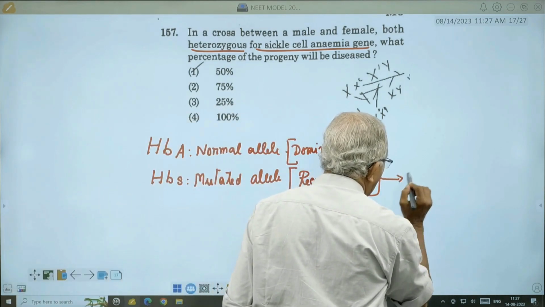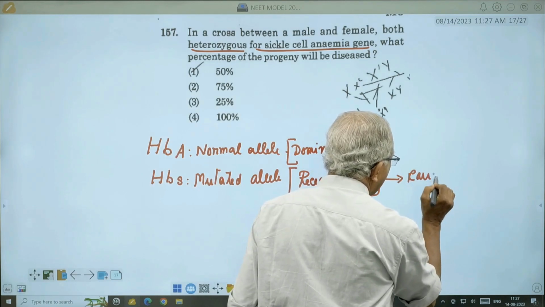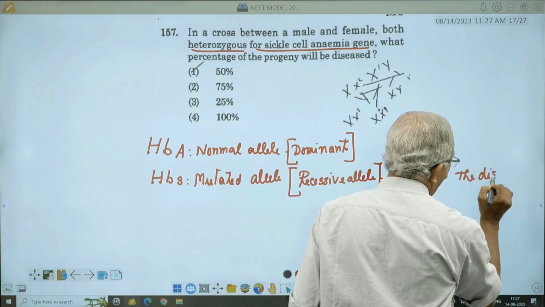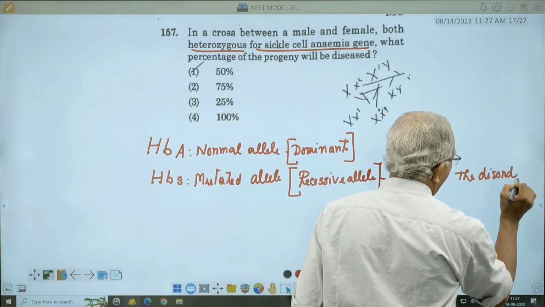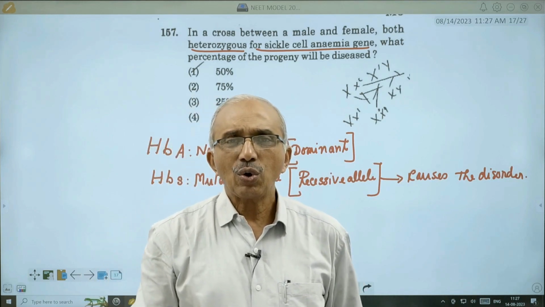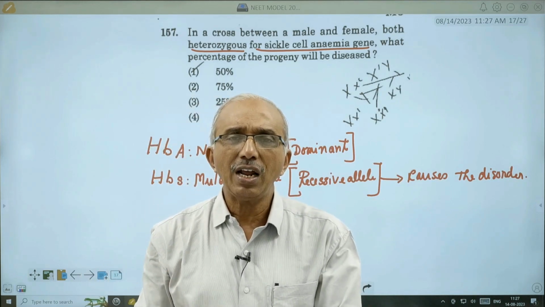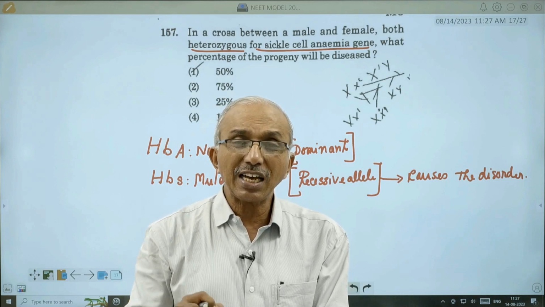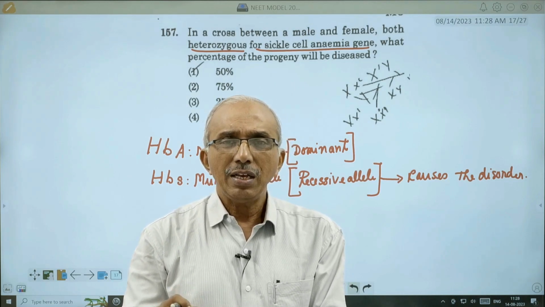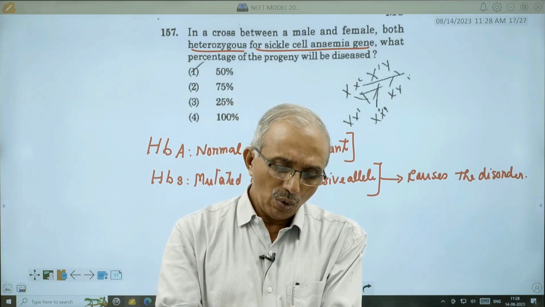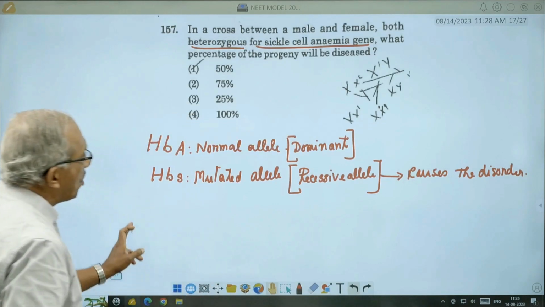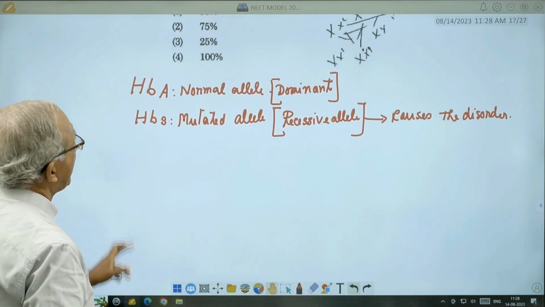The recessive allele causes the disorder, so only the homozygous recessive condition produces the disease.